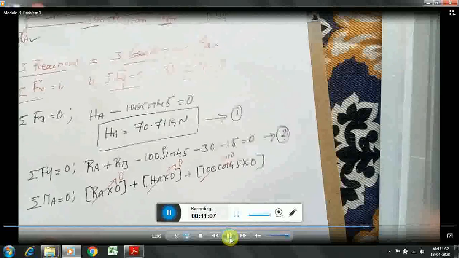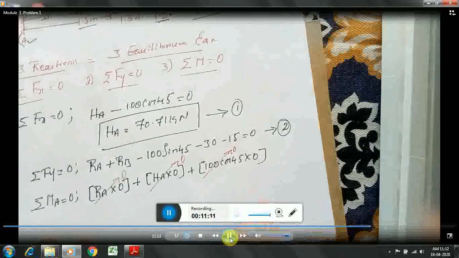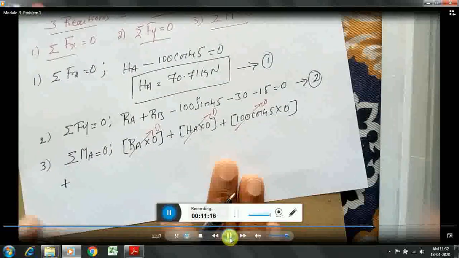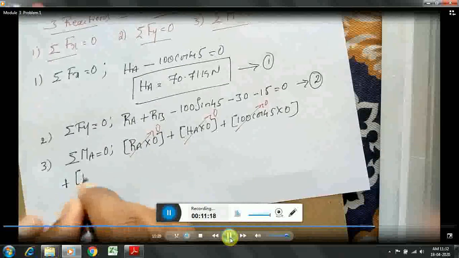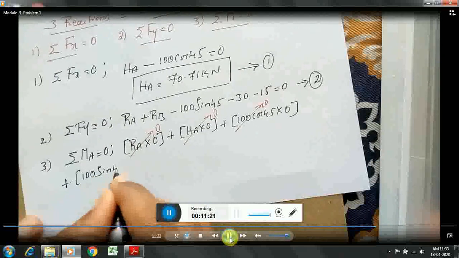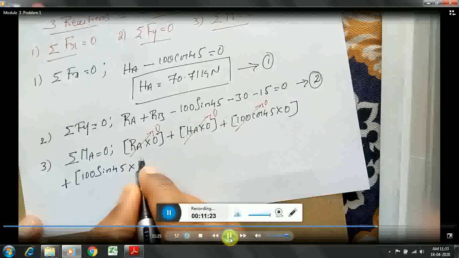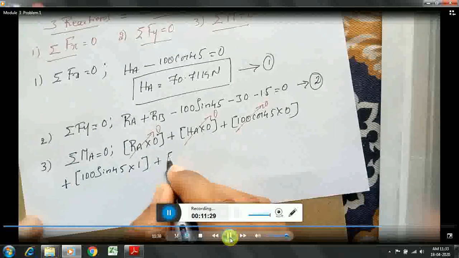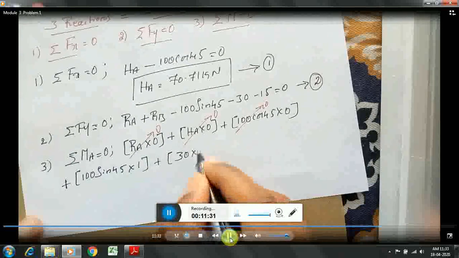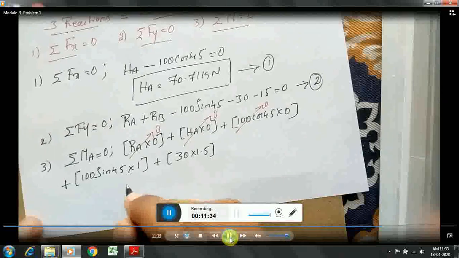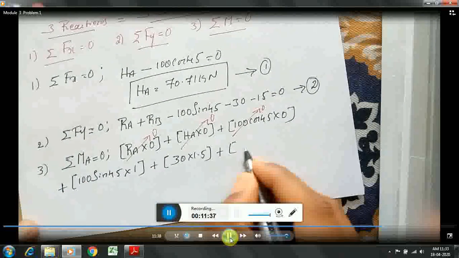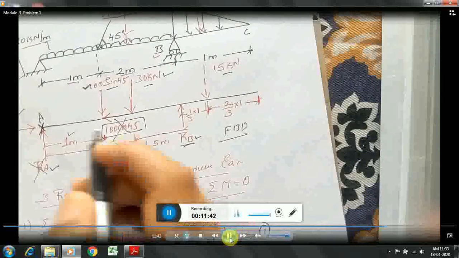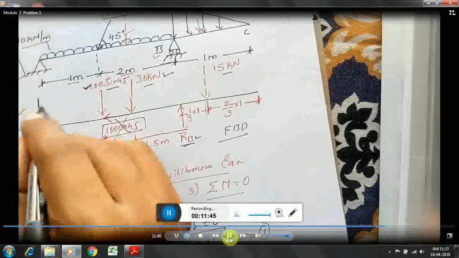So these three terms will be leading to 0 because there are no perpendicular lever arms. I hope you are getting this point. Then plus 100 sin 45 into 1 clockwise, plus 30 into 1.5 clockwise, plus 15 into the total distance from A to 15, this total distance.